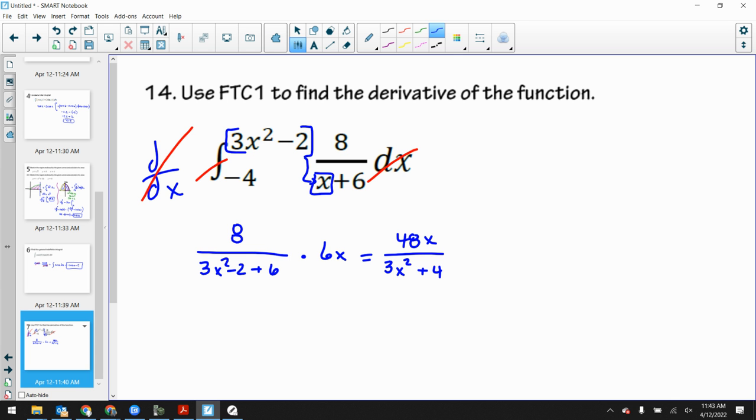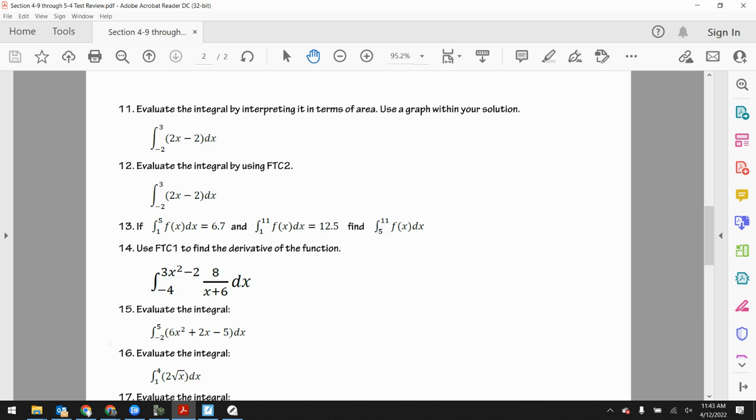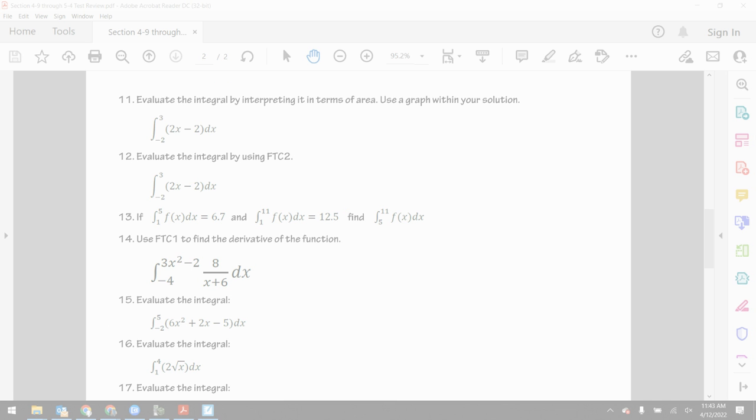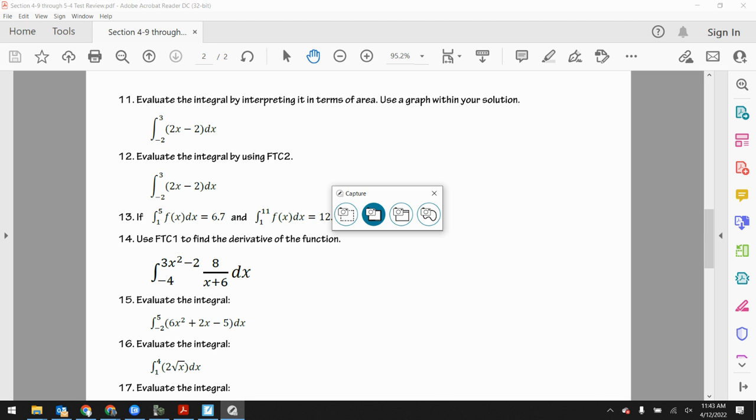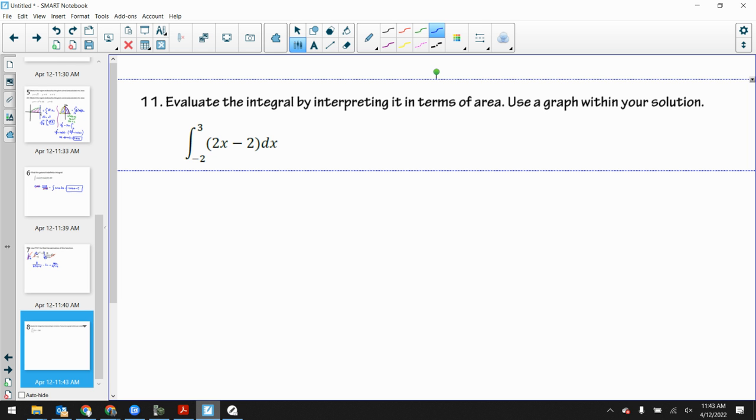Number 11. Evaluate the integral by interpreting it in terms of area. Use a graph within your solution.